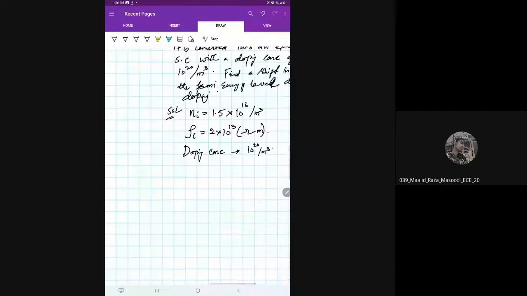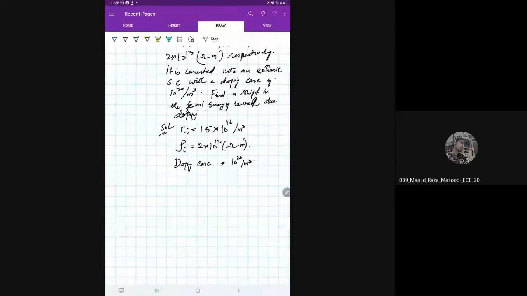So you have to calculate the shift now. We know that shift is equal to kT ln of Nd by ni.